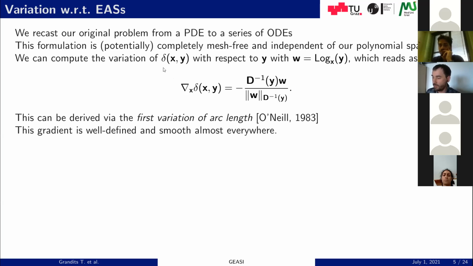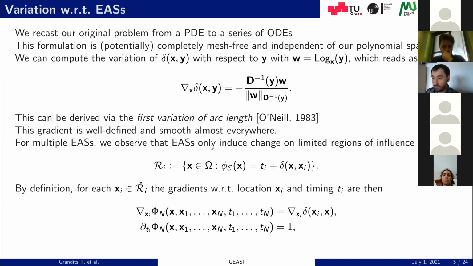The gradient of this geodesic distance is given by the logarithmic map, like the equation you can see here. I'm not going too much into detail since we do not have much time, but this is a consequence of the first variation of arc length, which is a common topic in differential geometry. These results are actually very old, but the nice thing is the application to cardiac activation here. It's also smooth and well defined almost everywhere. I will show you later what I mean by almost everywhere.